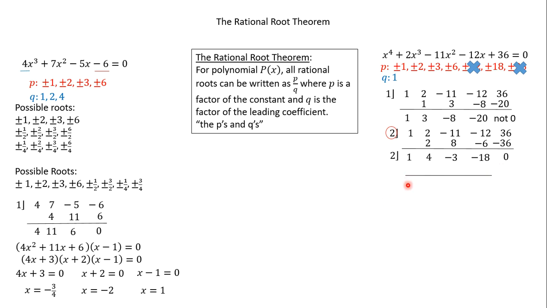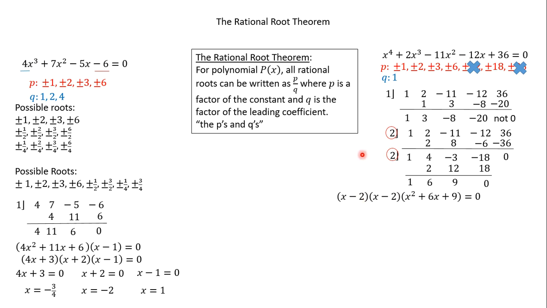So draw the line. We can do our synthetic division. Bring it down, multiply, bring it down, multiply, and we got 0 again, which means that 2 is a root once again. So here notice we have a double root. We have 2 twice. Notice also we have a quadratic, x squared plus 6x plus 9.